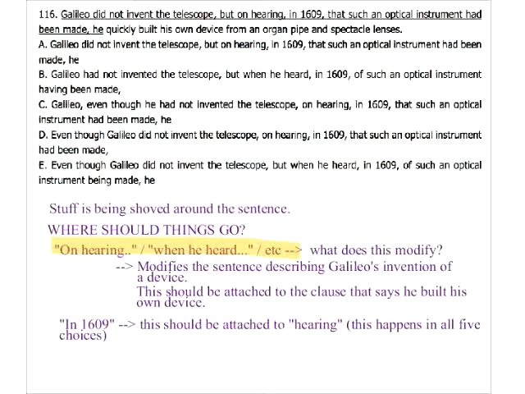Here it is in choice A. Here it is in choice B. Here it is in choice C. Here it is in choice D. And here it is in choice E. Now notice the difference here, because you can put prepositional things like on hearing or in whatever year before stuff, and you can also put them after stuff.